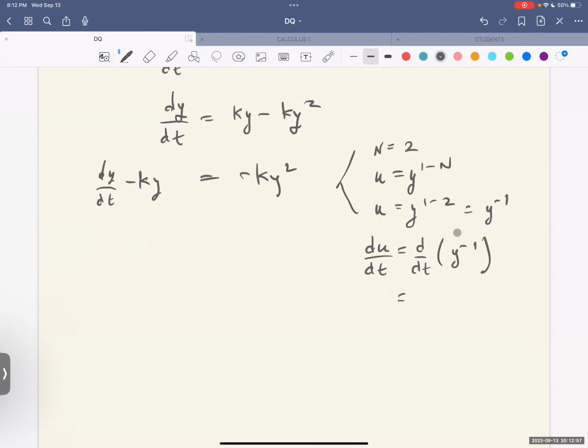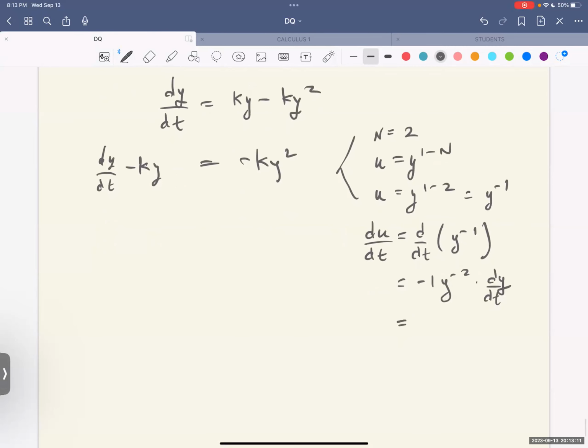We're differentiating a y, but with respect to t, and you don't see a t. So it's negative 1 y to the negative 2 times the derivative by t of the inner function, which is y, dy/dt. Let's write this as negative 1 over y squared dy/dt. That's what du/dt is.